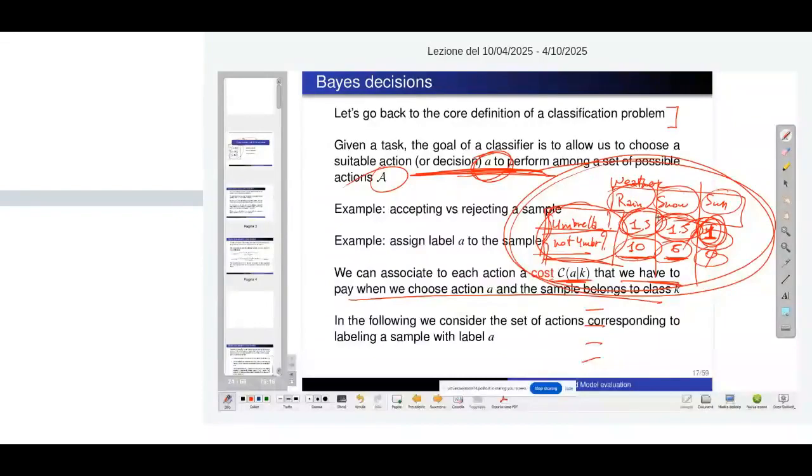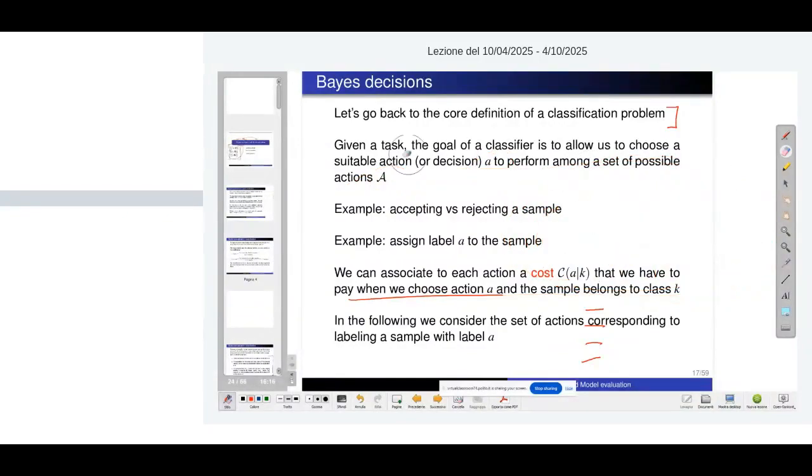In any case, this is a cost matrix that for each action gives me the cost when the sample we are considering is from class K. Now, for us, we have the simplified model where actions are themselves classes. So assigning the label A to a sample is an example of action, and in this case the set of actions corresponds with the set of labels.